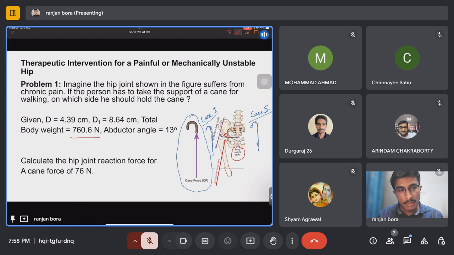So we'll subtract the weight of the right foot. We'll consider only 5 by 6 of the total body weight, 5 by 6 of W. We have subtracted W minus W by 6. This W by 6 is the weight of the right foot.